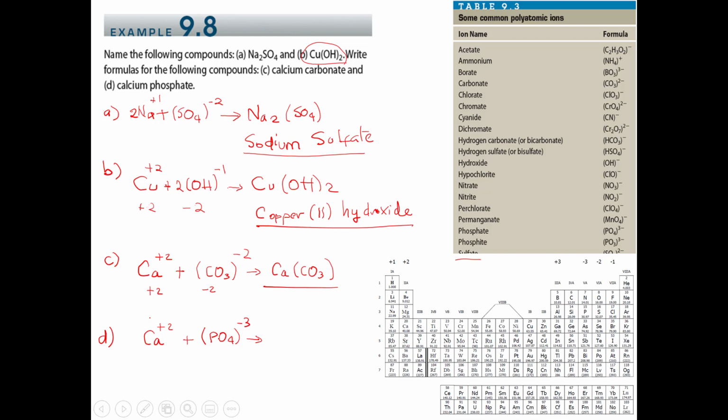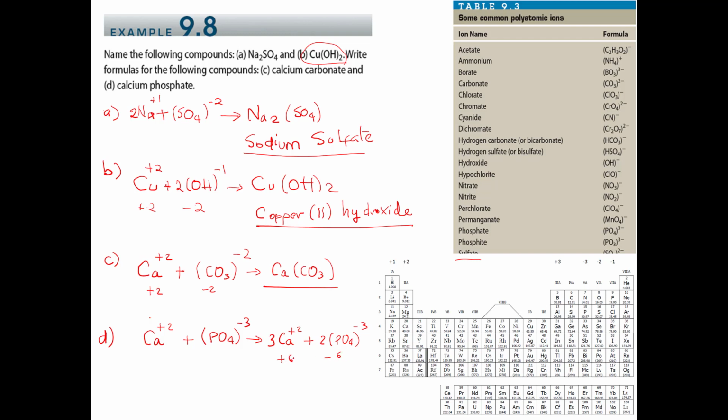You multiply the first by 3 and the second by 2. Then you will get 3 times 2 is +6, and 2 times -3 is -6.